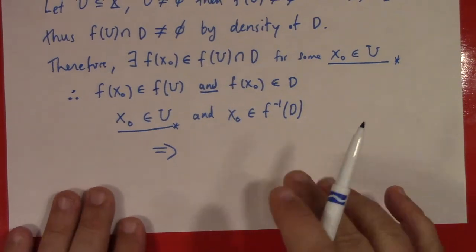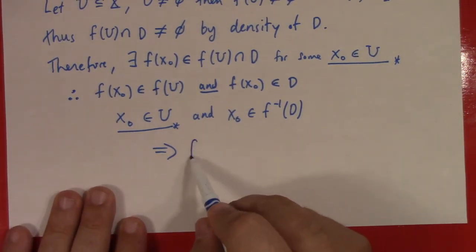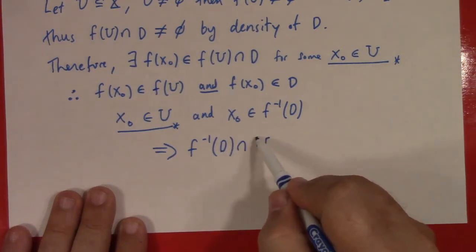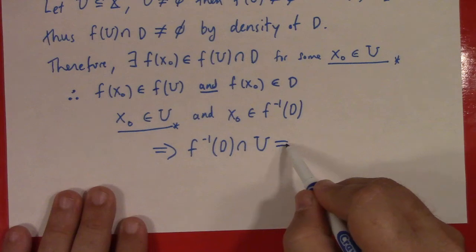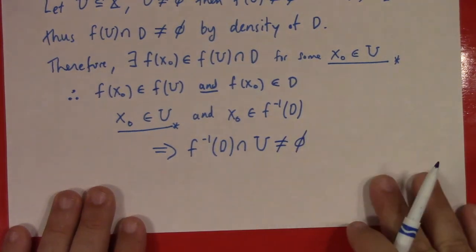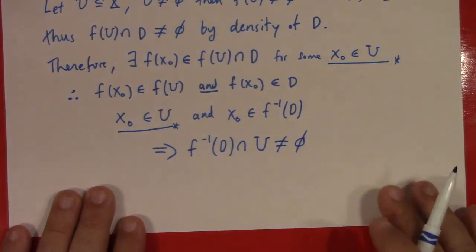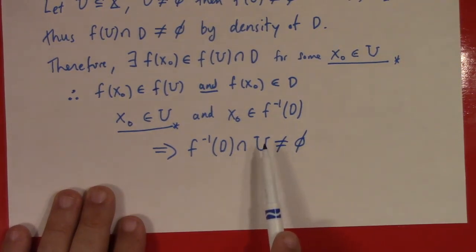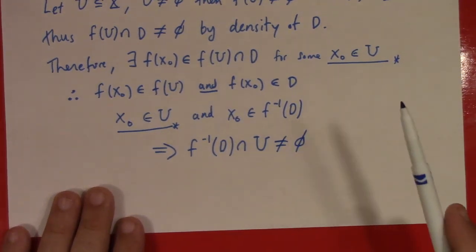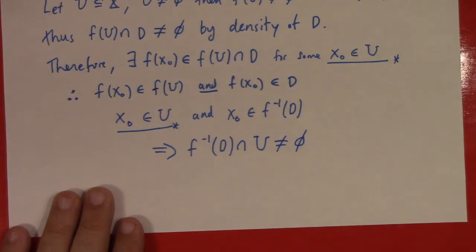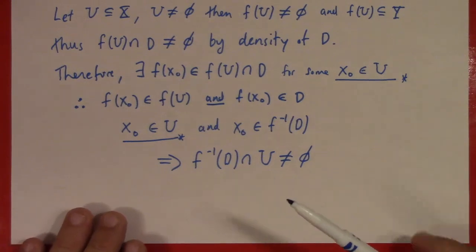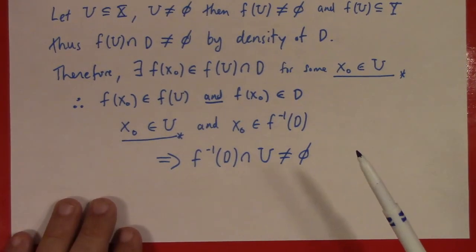This tells me that F inverse of D intersect with U is not empty, because there's a point, x naught, that's in both of these. And you know what? I did not use the continuity of F here. I thought I used it, but I see now that I didn't. I'm thinking of the scribbling I had on the other side of the unproductive page. That's where I use continuity, and I got nowhere anyway.